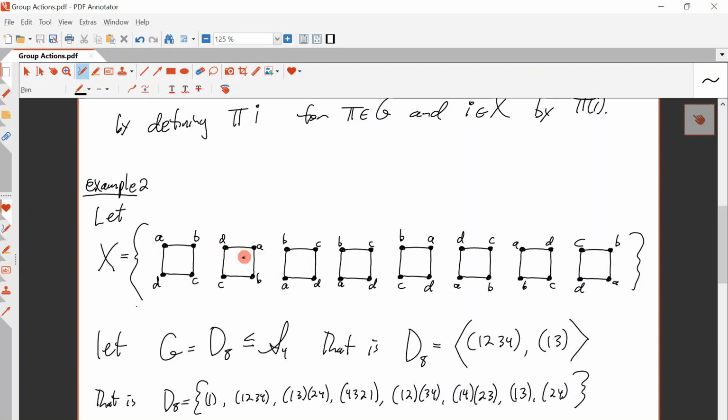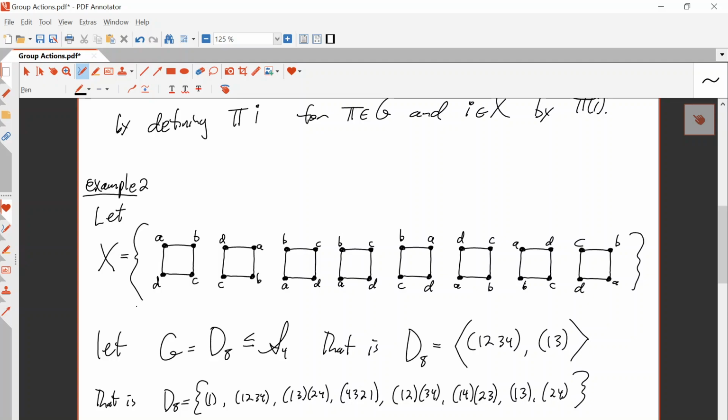Rotating this 90 degrees gives me that. Rotating 180 gives me this. Rotating 270 gives me that. Reflecting around horizontal line gives me this. Reflecting around a vertical line gives me that. Reflecting along this diagonal gives me that. And reflecting on this diagonal gives me that.